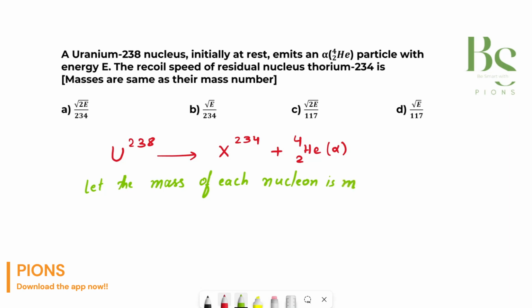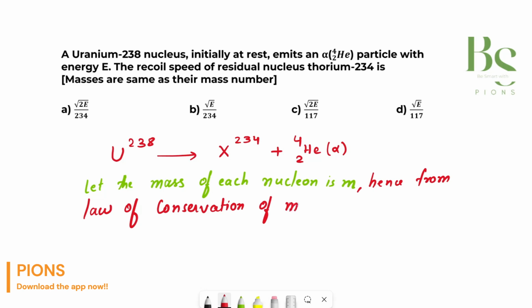So we know from the law of conservation of momentum, what do we know? The initial momentum of the system must be equal to the final momentum. So Pi must be equal to Pf, correct?